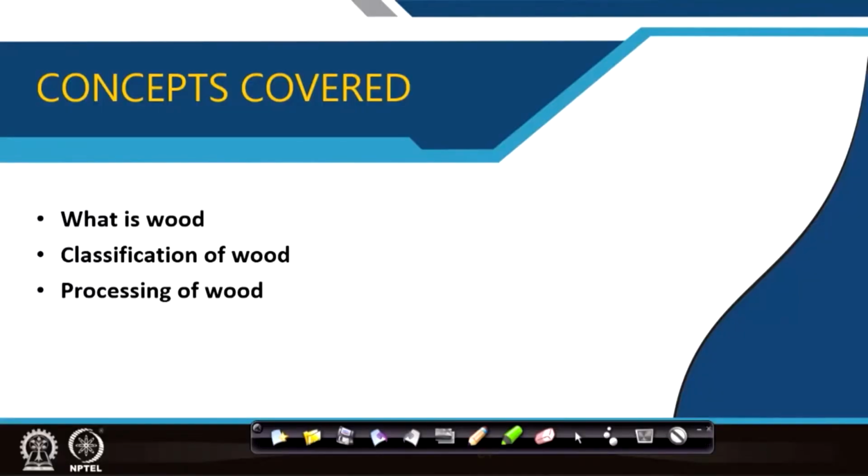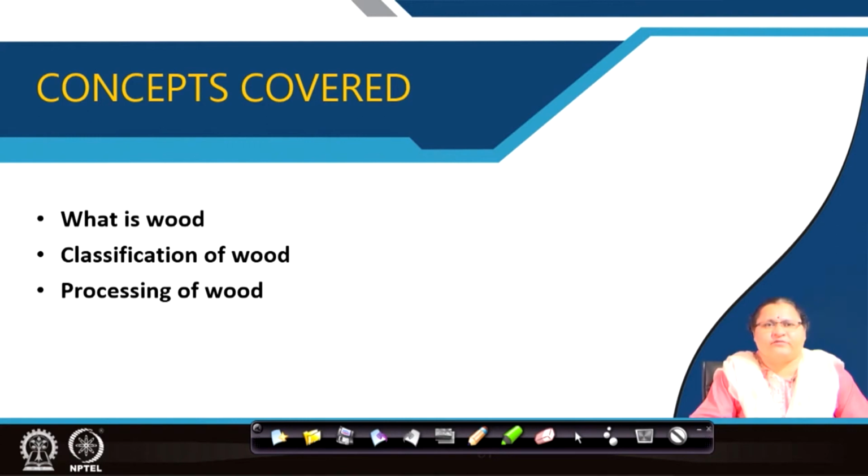It is an organic product. How do we get wood? What are the classifications of the different types of wood? And how do we process it to make it appropriate for the building industry? These are to be discussed in this particular lecture.